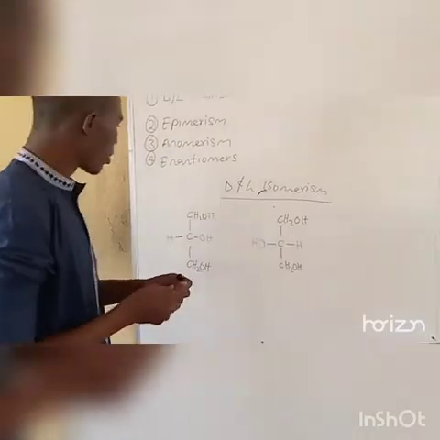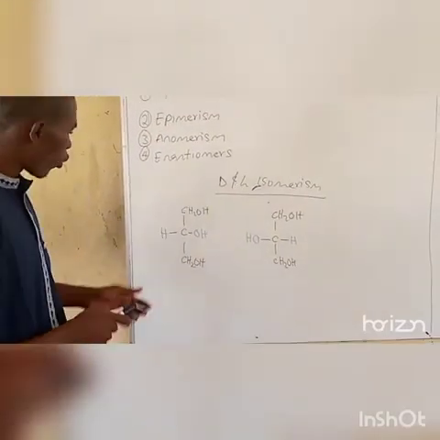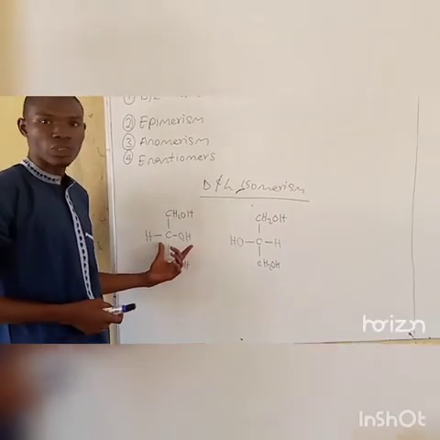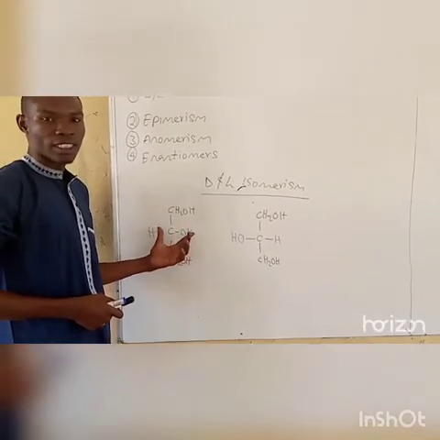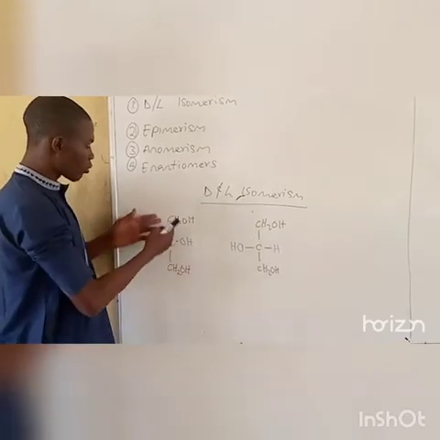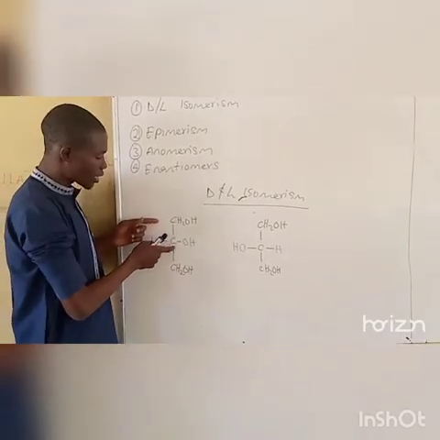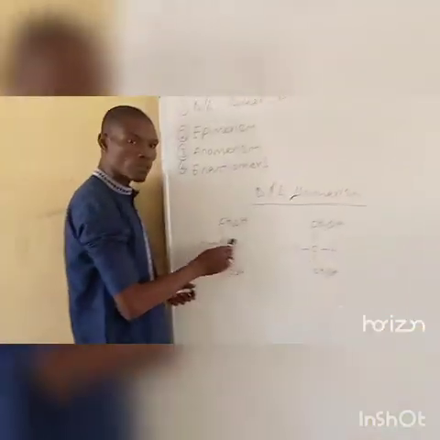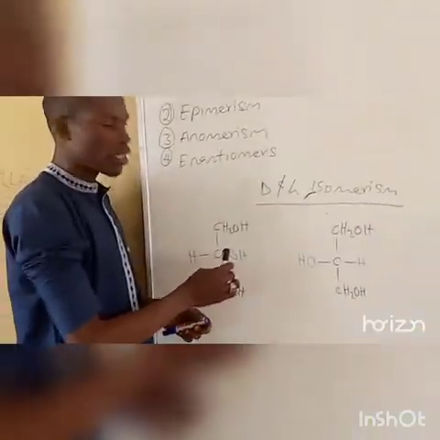Looking at these two compounds, look at the OH at the penultimate carbon. The penultimate carbon is always the second to the last carbon. This is 1, 2, 3, so the second to the last carbon is this one. You look at the position of the OH group on this carbon.